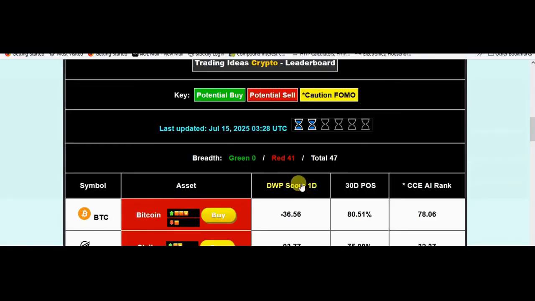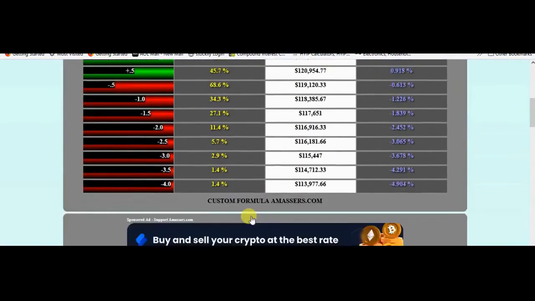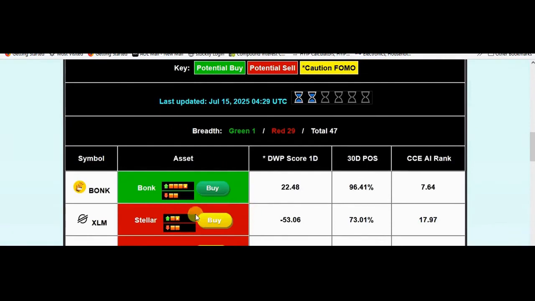Now let's talk about the sorting. We can obviously sort on the day and see everything is selling now, so we're only going to see whatever's, okay, we got something here buying.